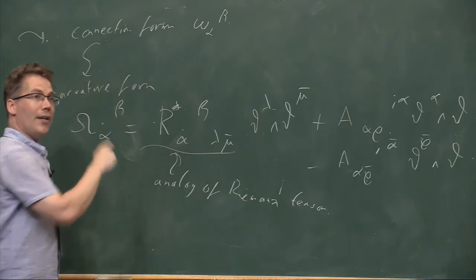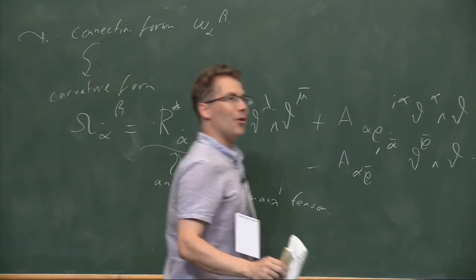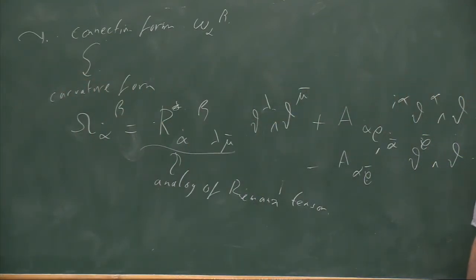And then you contract two indices to get the pseudo-Hermitian Ricci tensor. And from there you contract again to get the scalar curvature. So we get a pseudo-Hermitian Ricci curvature.